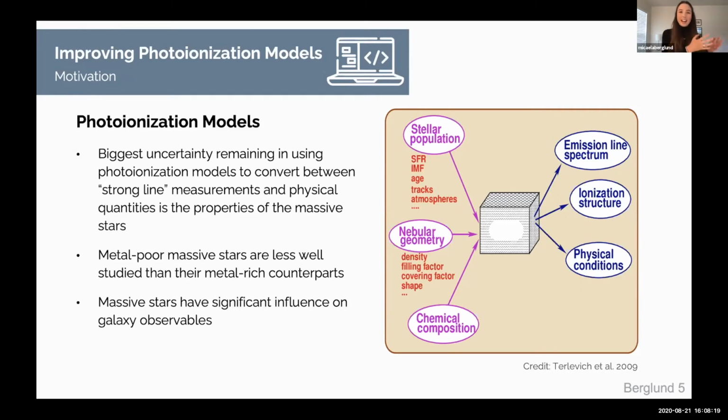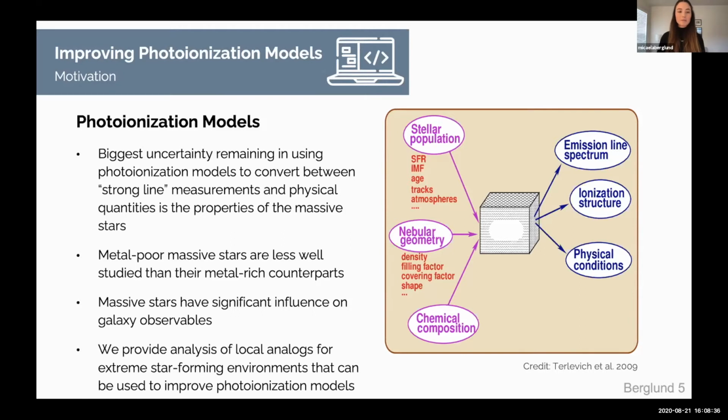So we look at those galaxies, we make the models better, and then hopefully we have a better picture of the high redshift galaxies in the end. We're selecting our data based on high redshift galaxies and those implications, but really this can be used for galaxies of all redshifts. So here we're providing analysis of local analogs for extreme star forming environments that can be used to improve photoionization models.